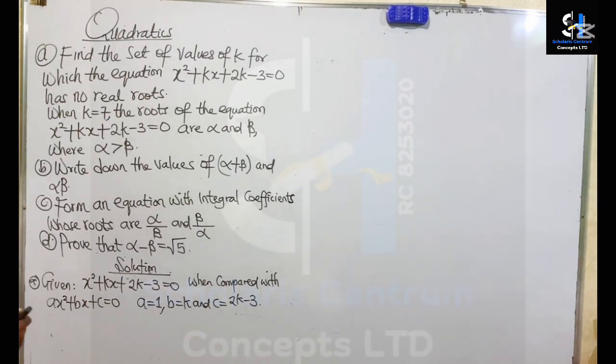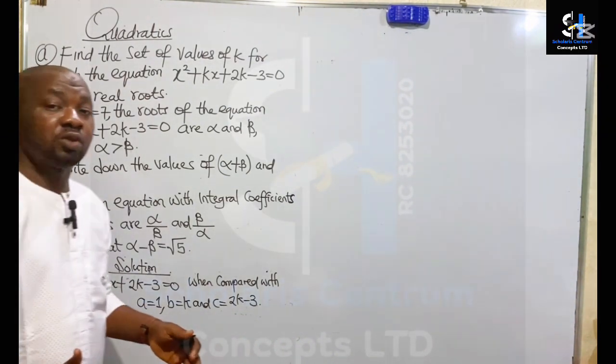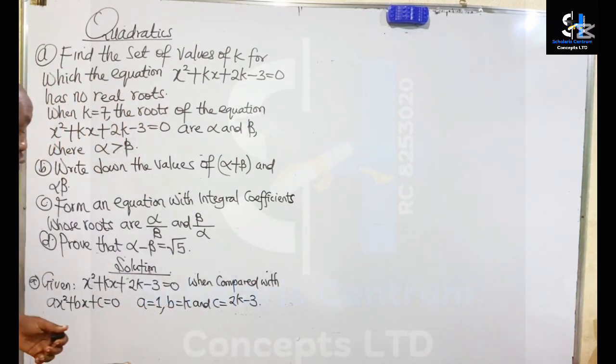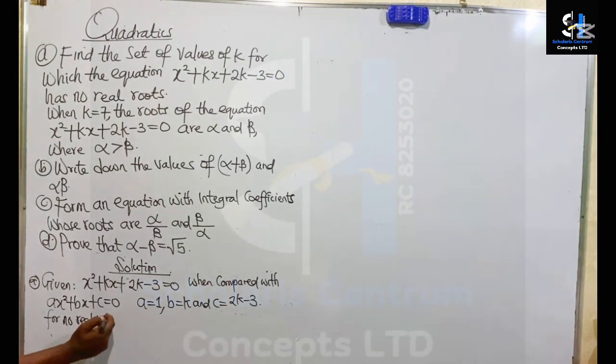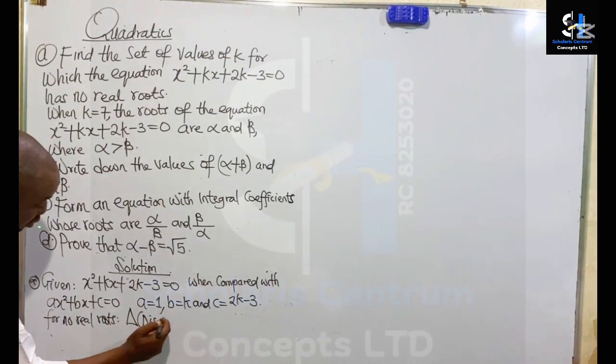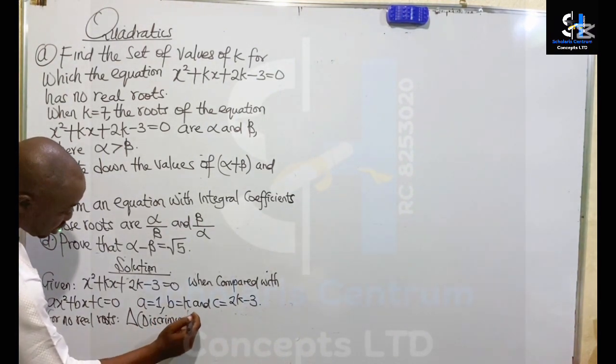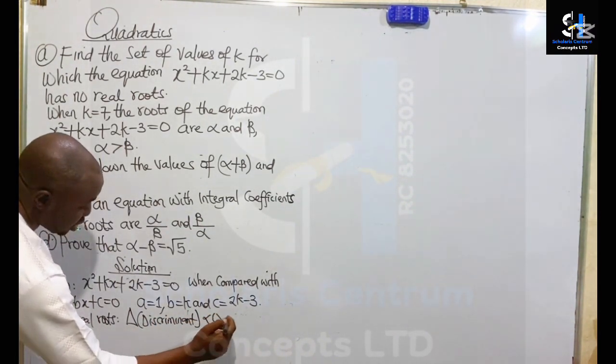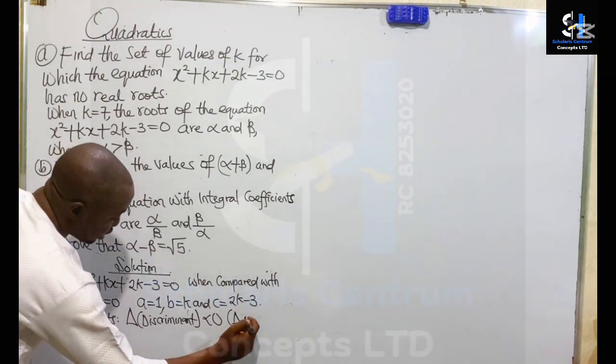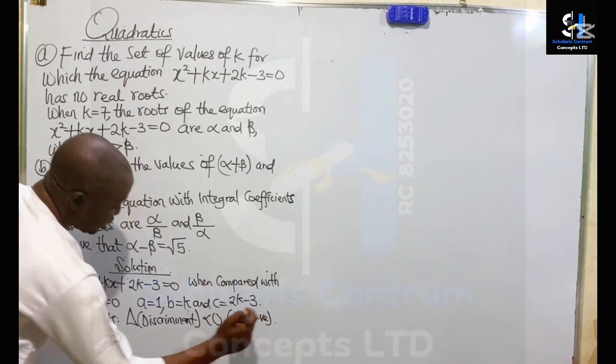Now for a quadratic equation to have no real roots, let me write it this way: for no real roots, the discriminant, remember this is called the discriminant, will be less than 0, or we can say the discriminant is negative.